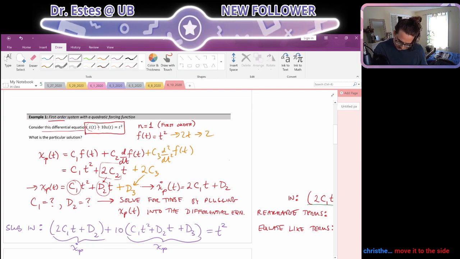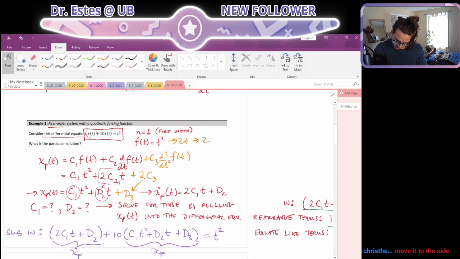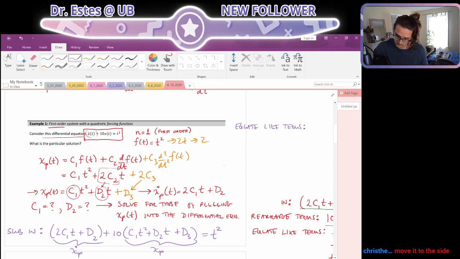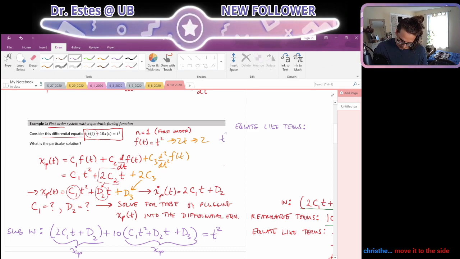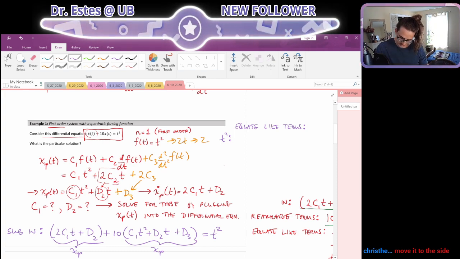Okay. So we're going to come over here. We're going to equate like terms. Okay, we'll start with t squared. And this one will be same as before. We'll have 10c1 equals 1.